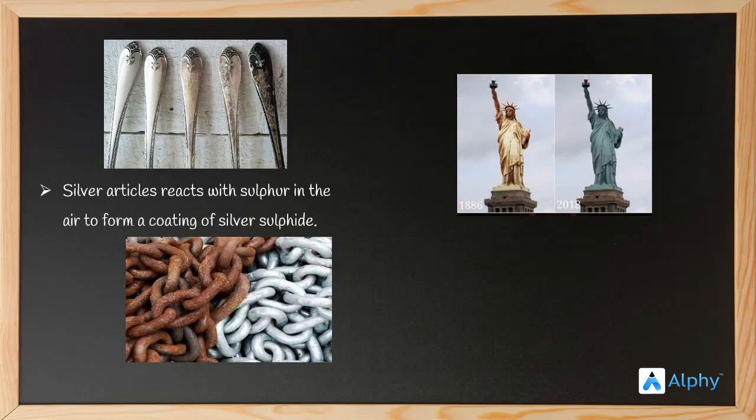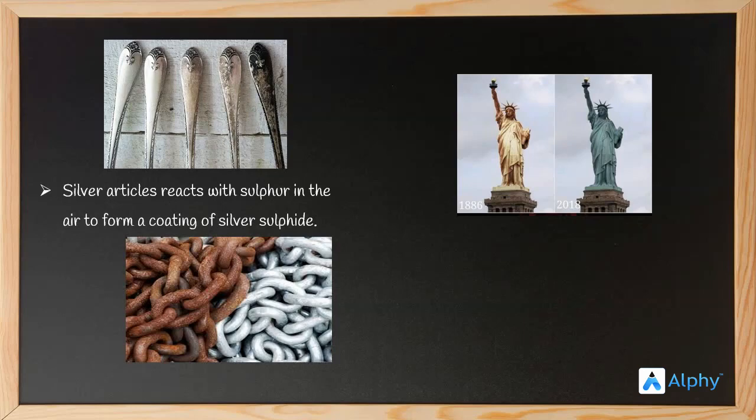The next example, look at the Statue of Liberty on your right. You can see that the statue in 1886 was shiny copper gold, but around 2018 you can see that it is mild green in color. So what happened over time? Corrosion happened, correct.